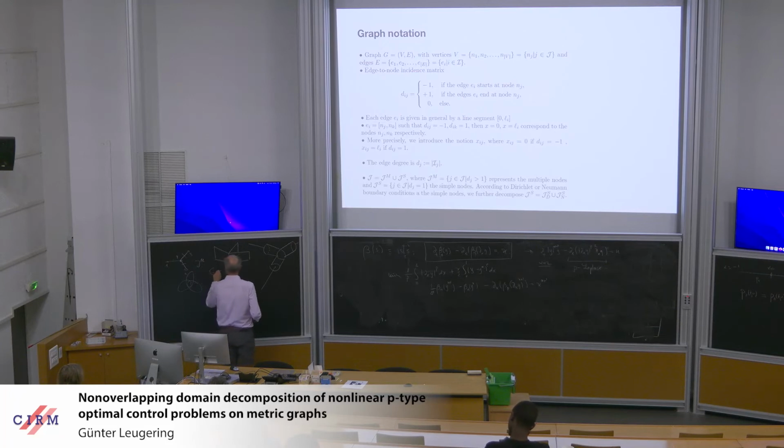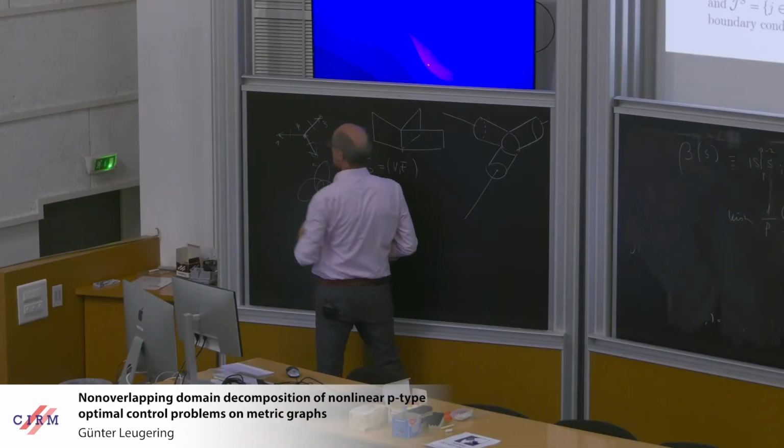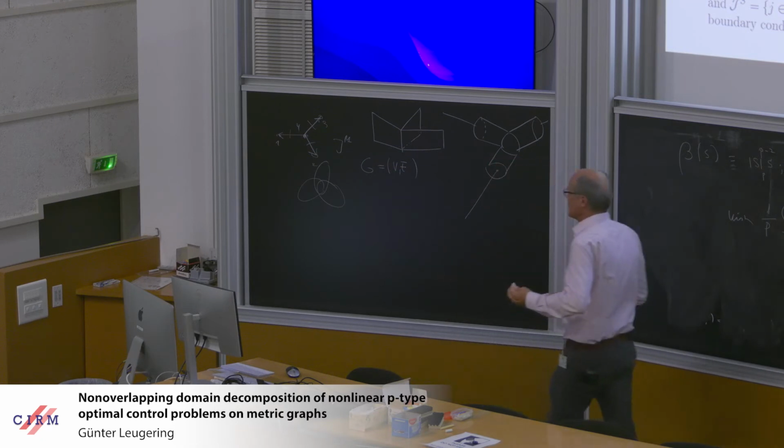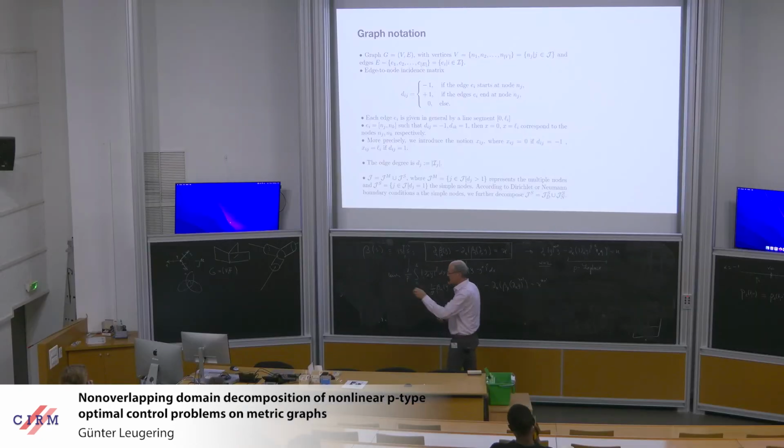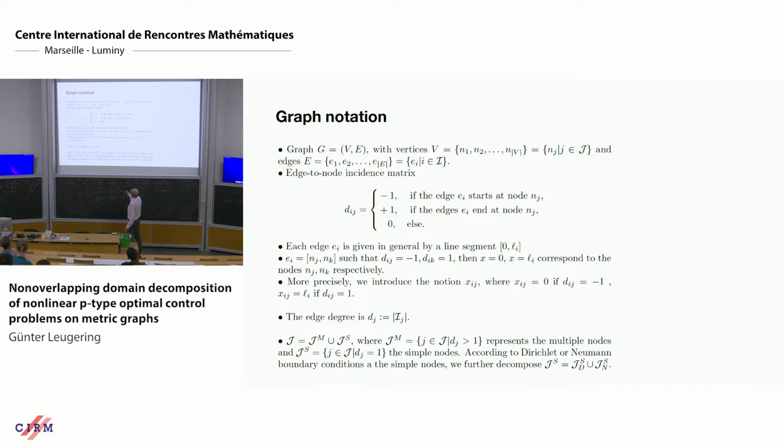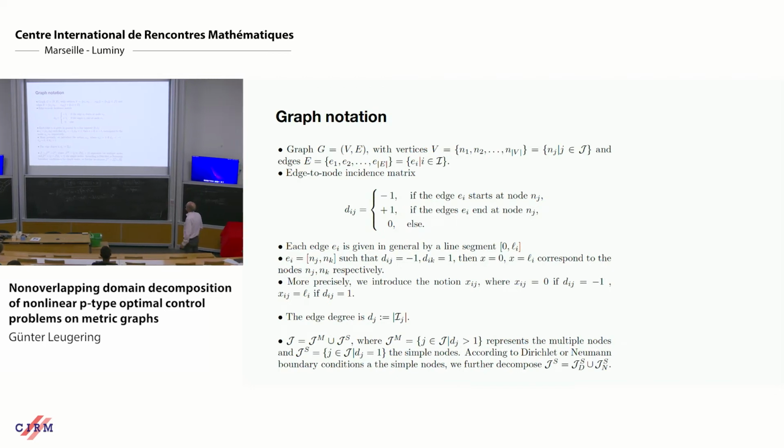Of course, I have a graph which is vertices and edges, and I have labels and so on. I have orientation, so I know where an edge starts and where it ends. This is described by this edge-to-node incidence matrix, right?